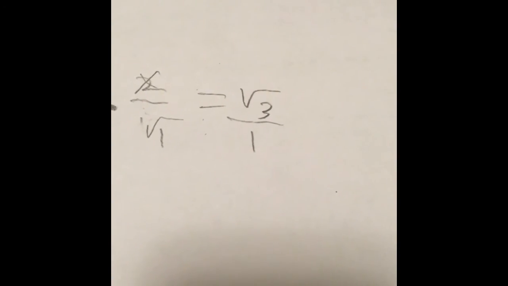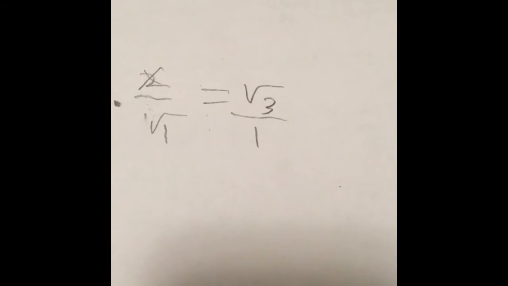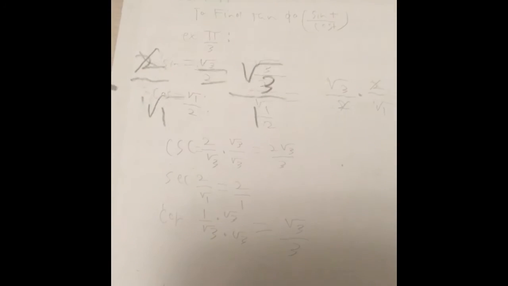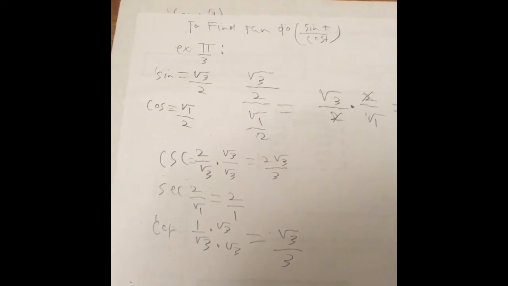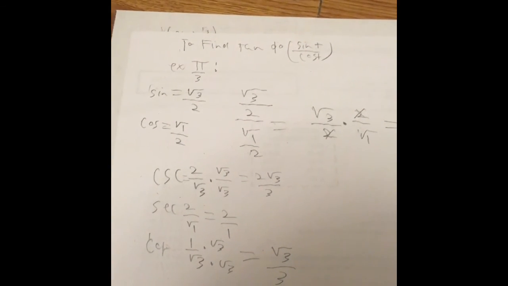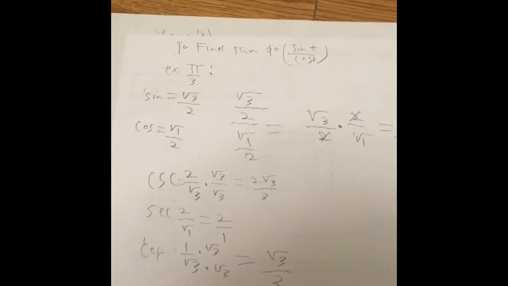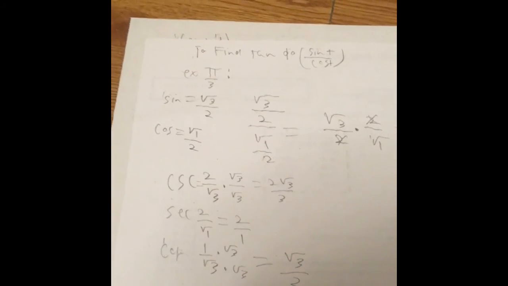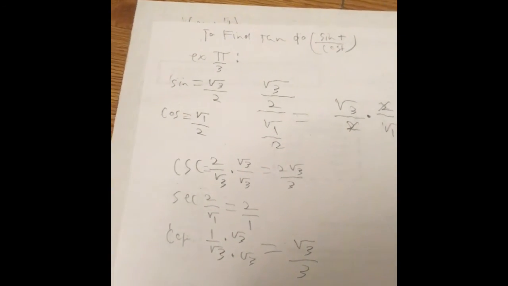And that would be the tangent of pi over 3, and this works for all of the other angles as well. And finally, to find the cosecant, secant, and cotangent of these values, which are the same ones that we use to find tangent, we will do some examples.